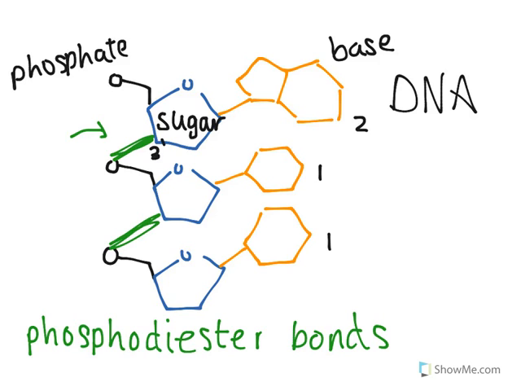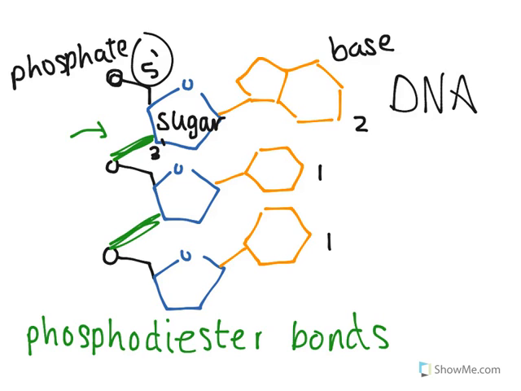This carbon is known as a 3' carbon, and this carbon that attaches to the phosphate is known as a 5' carbon. So just as an interesting trick, if you ever want to identify the 5' side of DNA, you just have to find the side that ends in a phosphate, and that's going to be your 5' side.